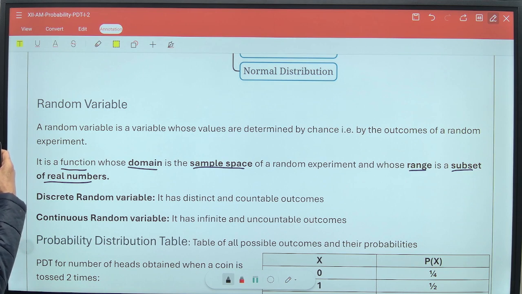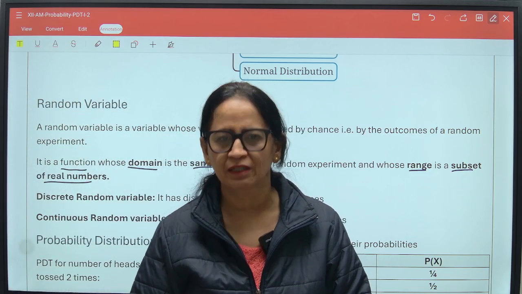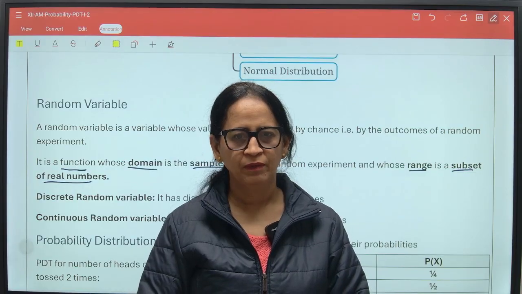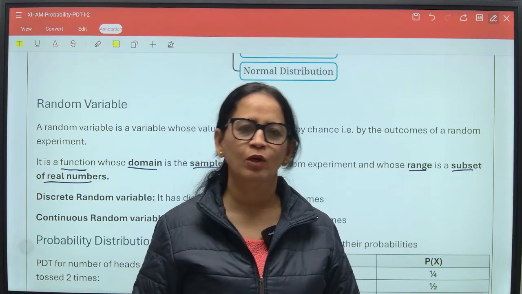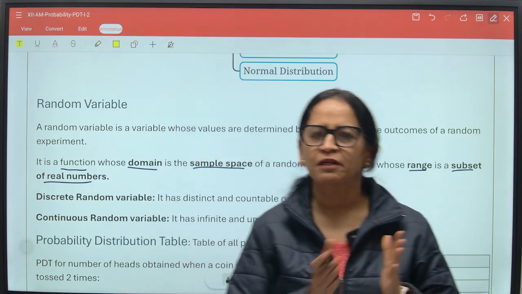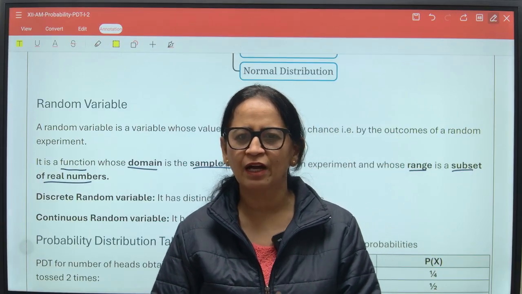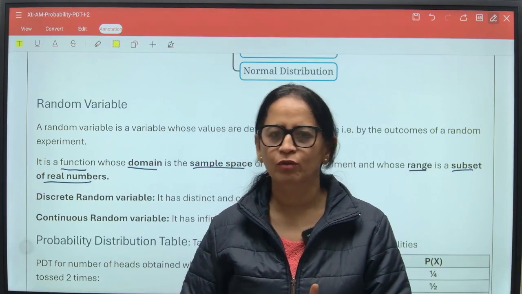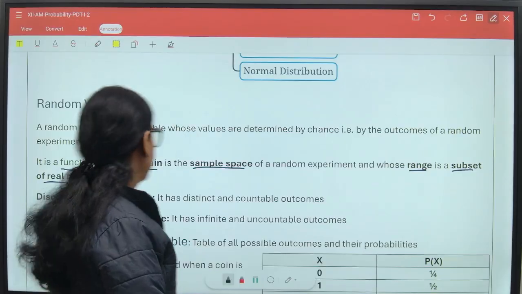It can have values 2, 4 or 6, and the probability of getting an even number is 1 by 2. It can also have the values 1, 3 and 5, that is odd numbers, and the probability is again 1 by 2. So you have a random variable that is denoting some output. You have the values of the random variable, that is 1, 3, 5 or 2, 4, 6, and then you have the probabilities of those values.